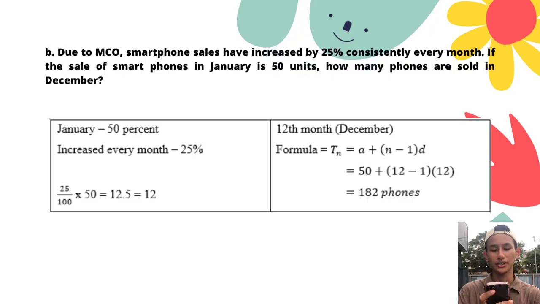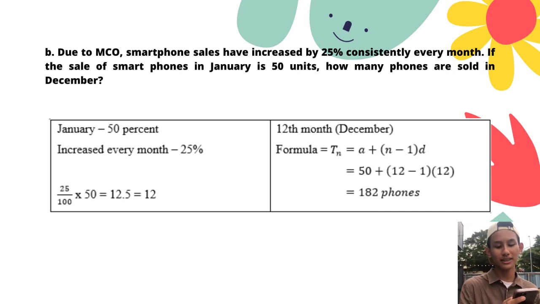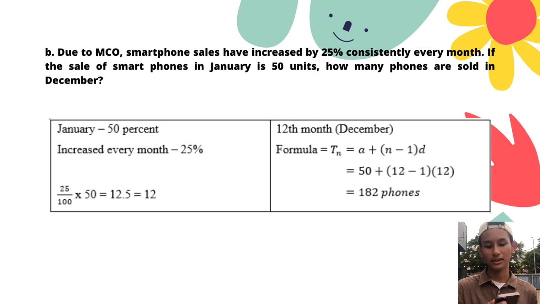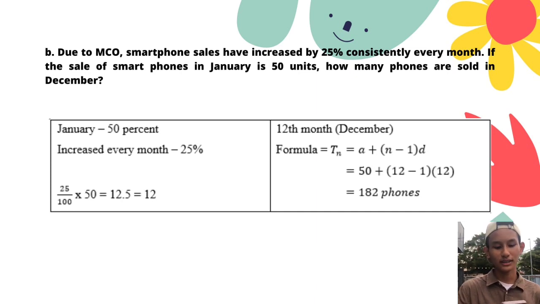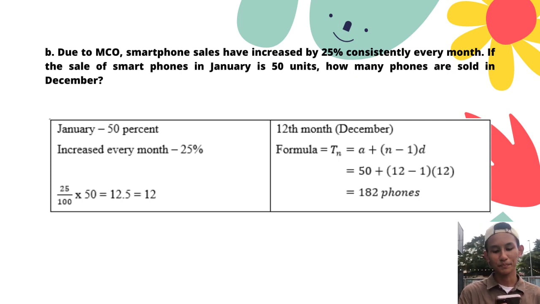For question B, due to MCO, smartphone sales have increased by 25% consistently every month. If the sale of smartphones in January is 50 units, how many phones are sold in December?